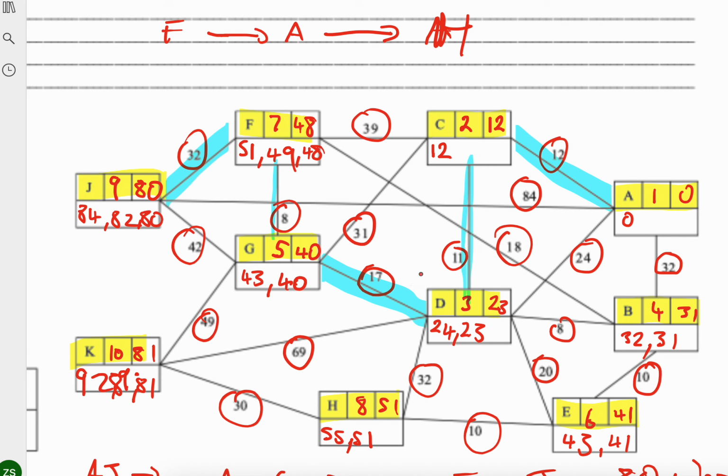It's already on that critical path. F to G, G to D, D to C, C to A. Now we want to go from A to H.